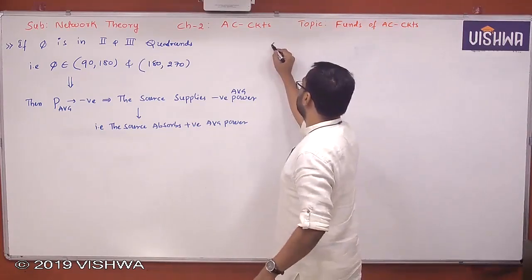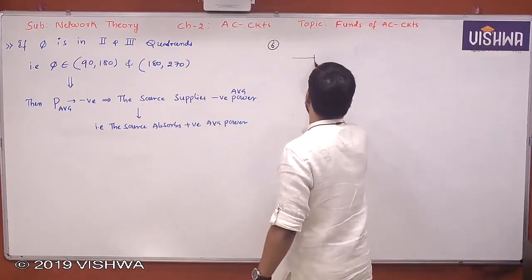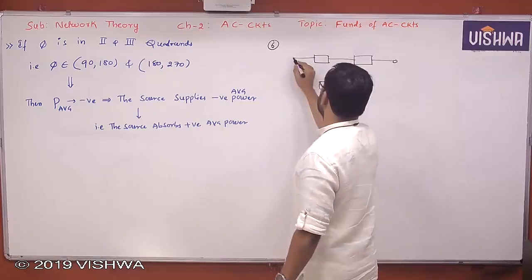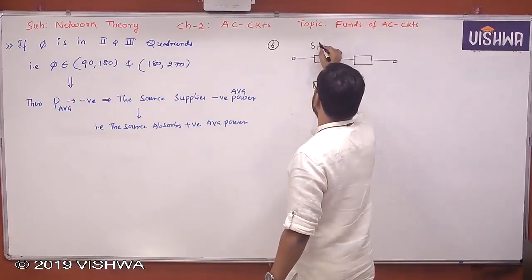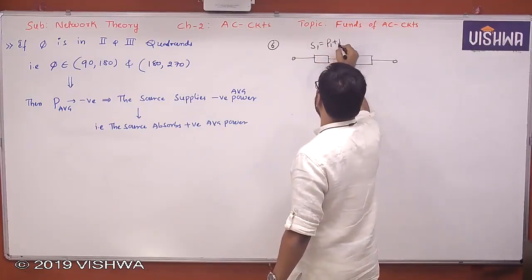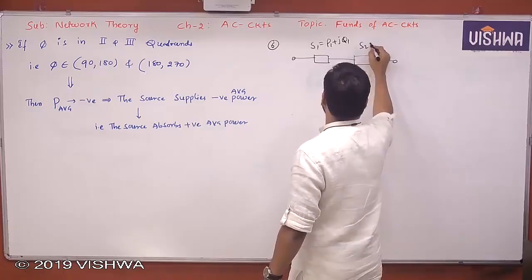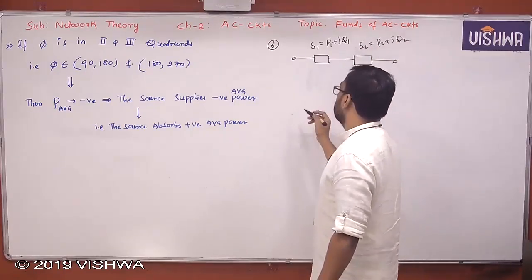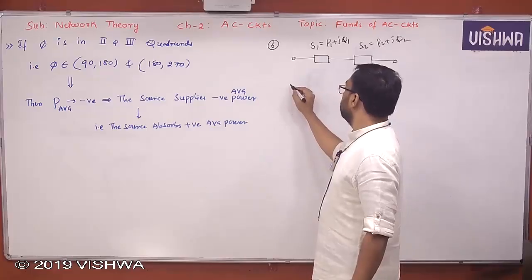You can also note this particular one, that there are two impedances or admittances. Each one is taking the power of P1 plus jQ1 and P2 plus jQ2. These are the two powers. So you know that very well.